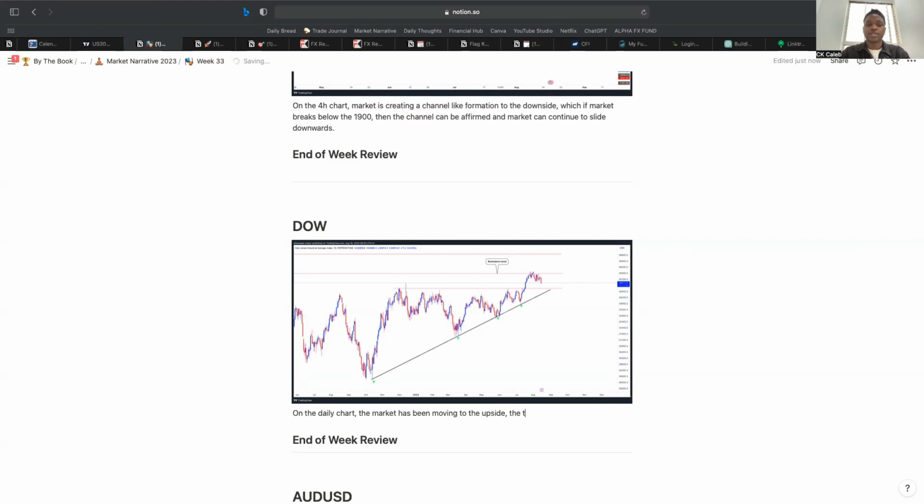The trend is to the upside. I am waiting for a clear pattern formation to enter a long position.